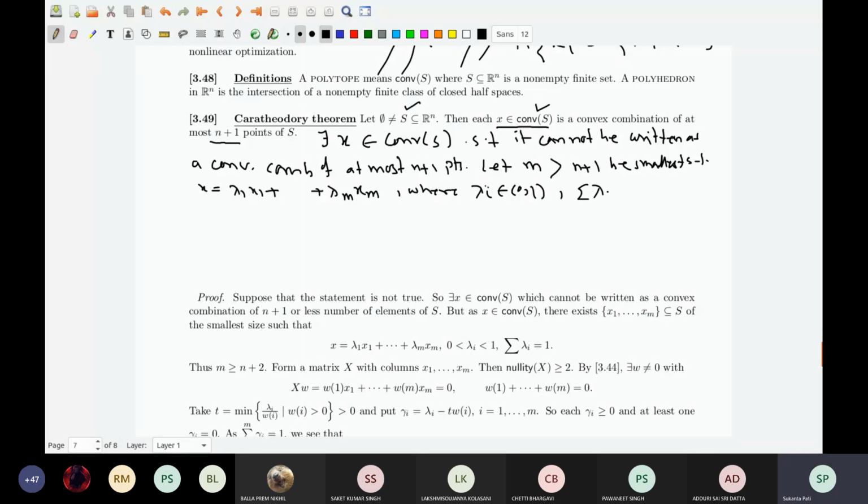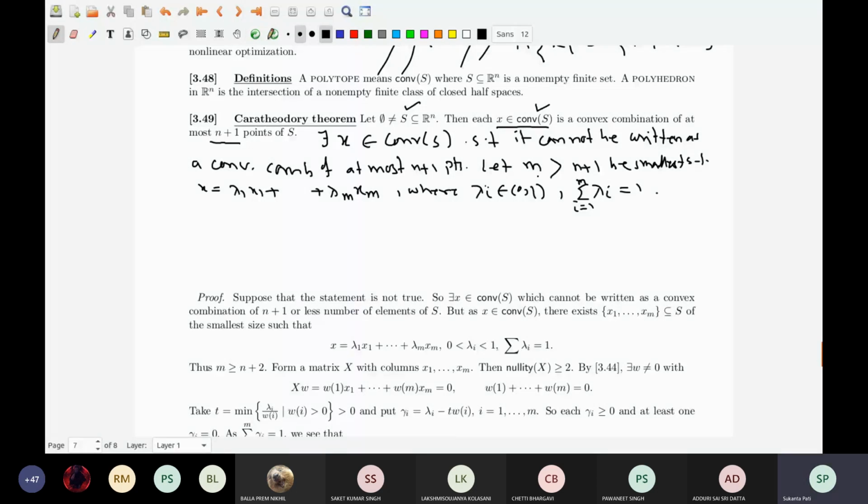Why am I taking lambda i in (0, 1]? Well, if some lambda i is 0, then why am I writing it here? So that is fine. So what is the value of m? Now m is greater than or equal to n+2.